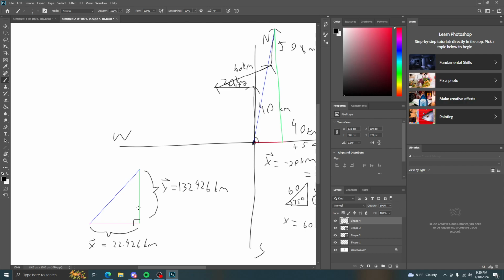So to find the total displacement here, for the magnitude of the vector, we would just need to do the hypotenuse, which is c squared equals a squared plus b squared, and then we take the square root. So the Pythagorean theorem, basically.